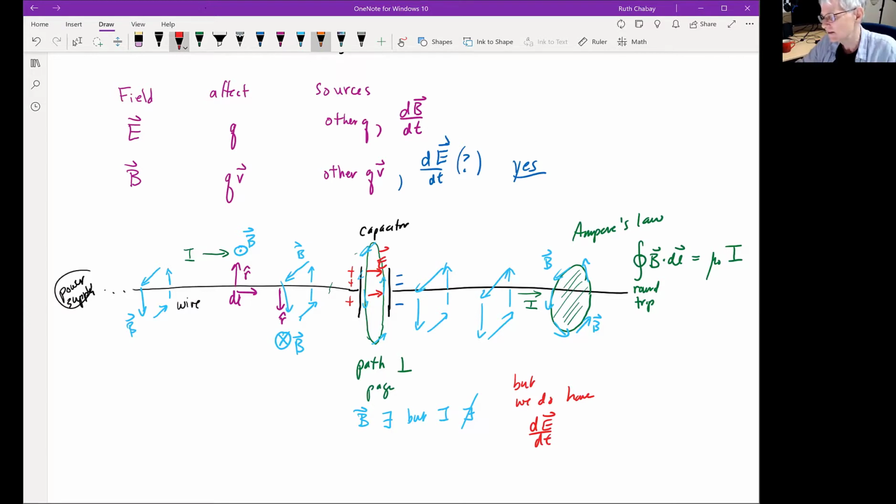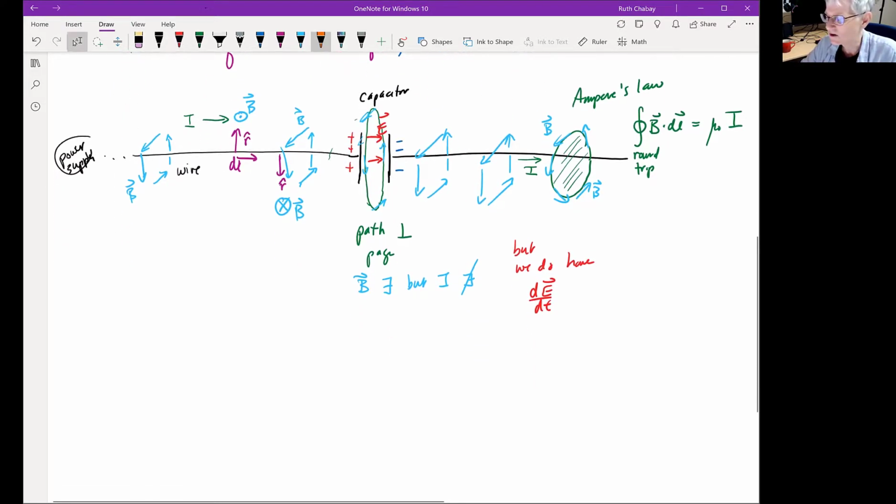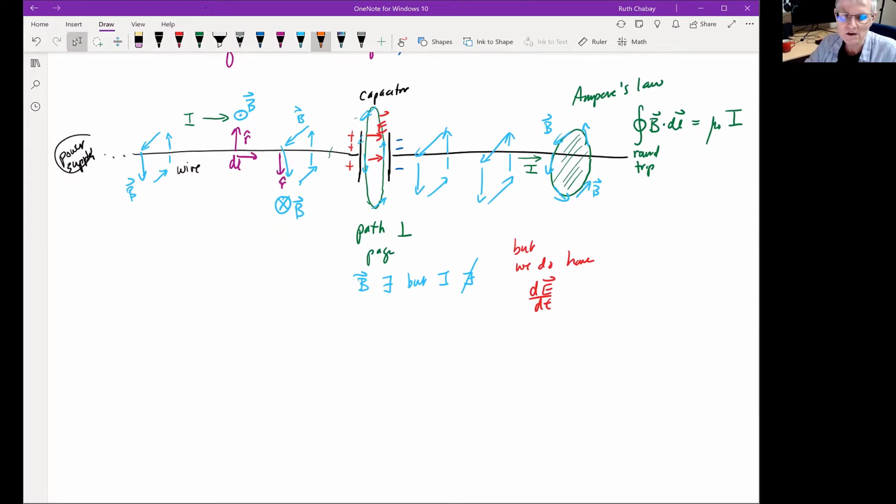So apparently dE/dt is just as good at making a magnetic field as a current is.